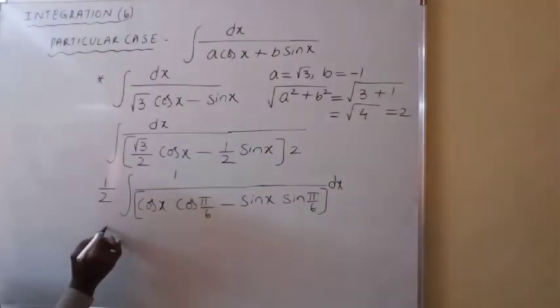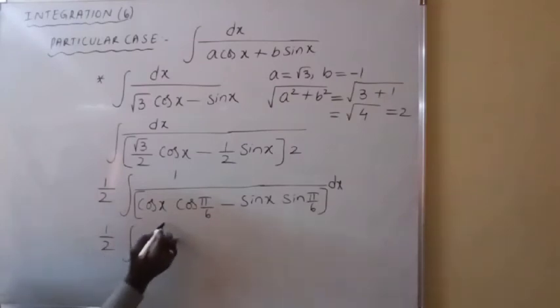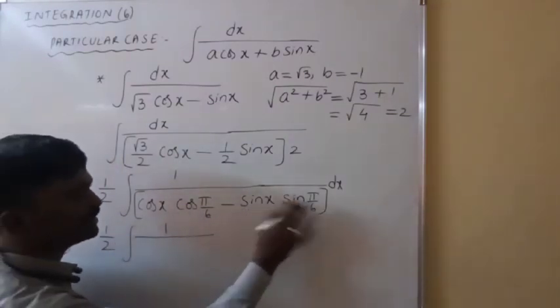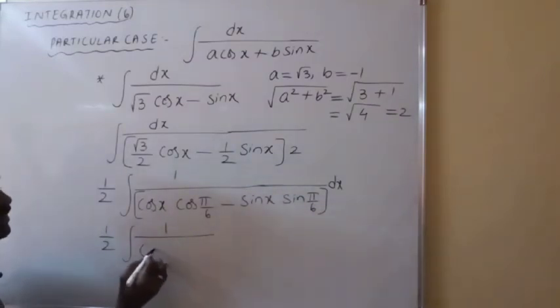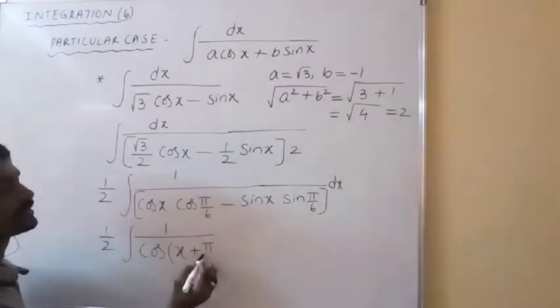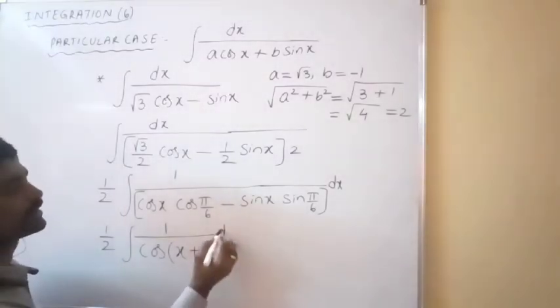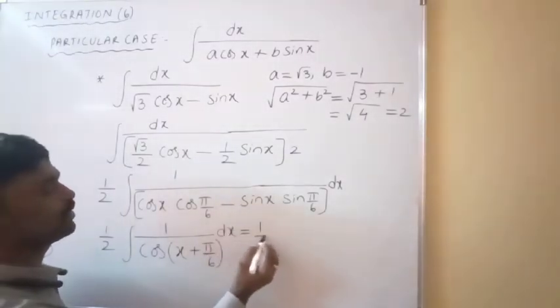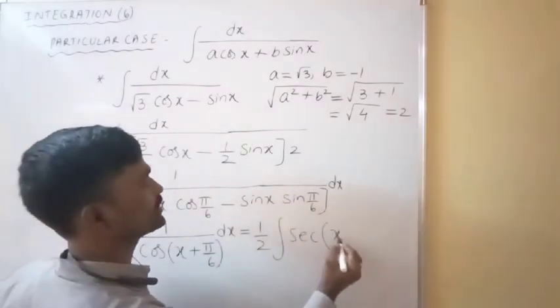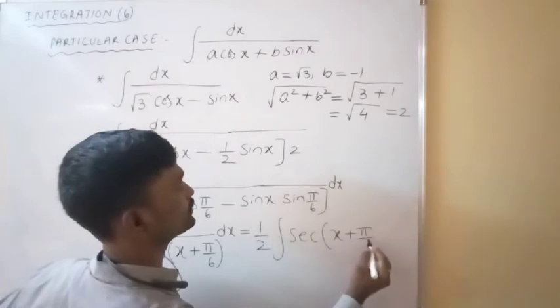Observe, it looks like cos a cos b minus sin a sin b, which can be written as cos of a plus b, that is cos of x plus pi by 6 into dx. So 1 upon cos is nothing but secant. So integral secant of x plus pi by 6.